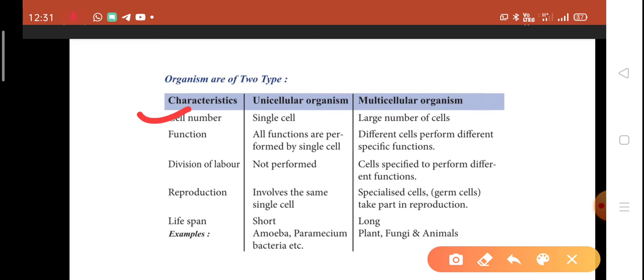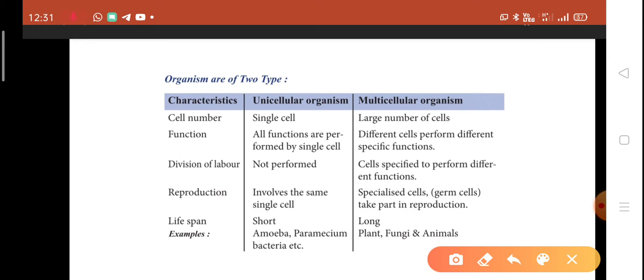In unicellular organisms, the number is single, and multicellular means a large number of cells. Here we can find only one single cell, and here we can find many cells.